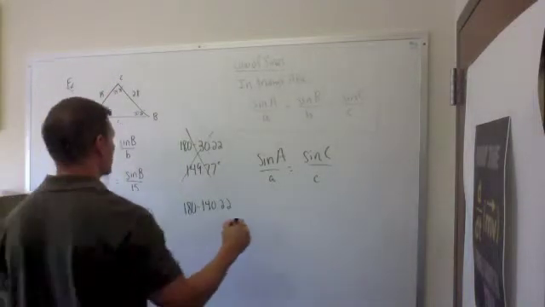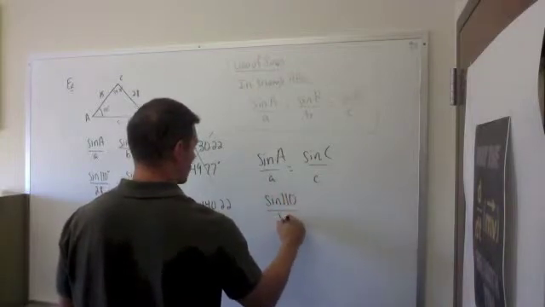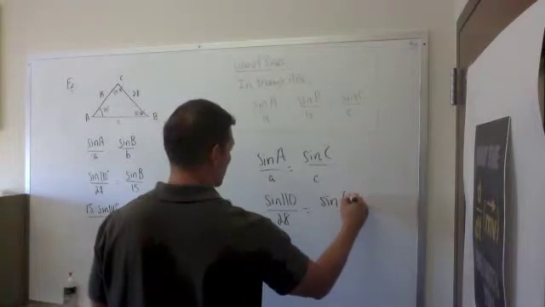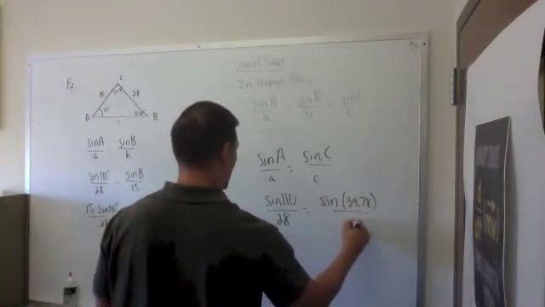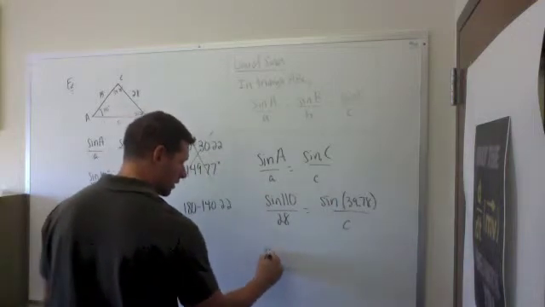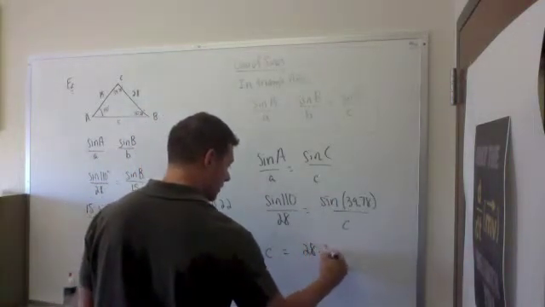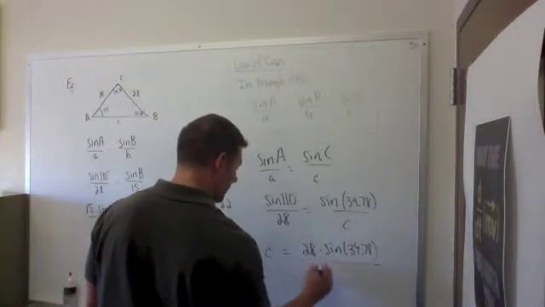So I'll have sine of 110 divided by 28 equals sine of 39.78 divided by c. Multiplying over, c equals 28 times sine of 39.78 divided by sine of 110.